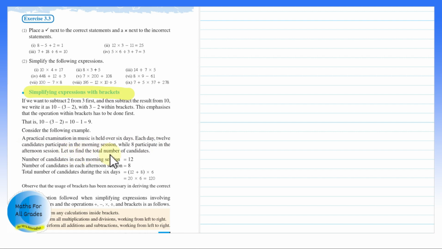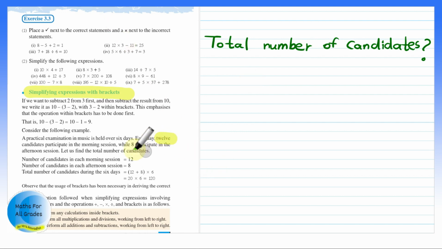Let us find the total number of candidates. So, how can we find the total number of candidates? We get the number of candidates attended in a day and then we multiply it by the days the examination is held over. So in the morning session, 12 students participated and 8 in the afternoon session.